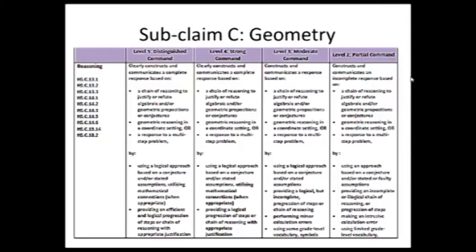And you see that the change in student performance from level to level involves the use of more vocabulary, correct computations, and then certainly the level of sophistication of the justification. Now, that is a process, especially in geometry, that kids are going to have to work toward.